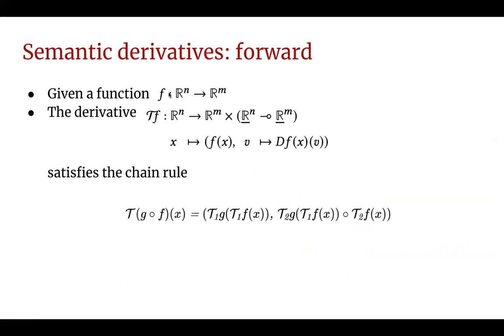It takes a function f from Rn to Rm, and it produces a derivative that is a function that first takes the x, so the value in Rn, then produces the pair of f applied to x and the derivative, which is a function that takes v to Df at x applied to v. So the derivative of f at x applied to the tangent vector v.